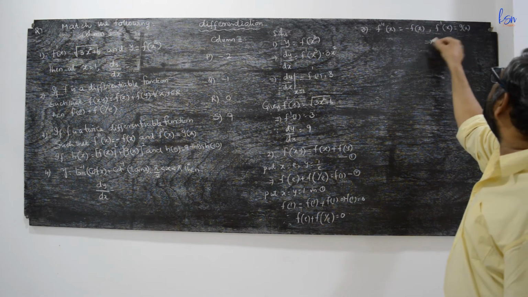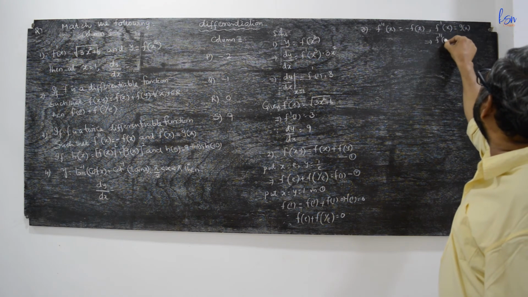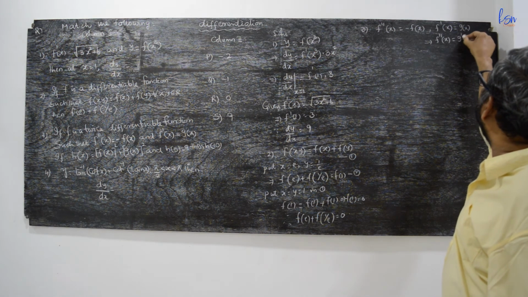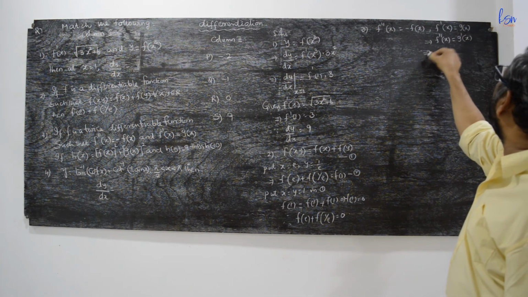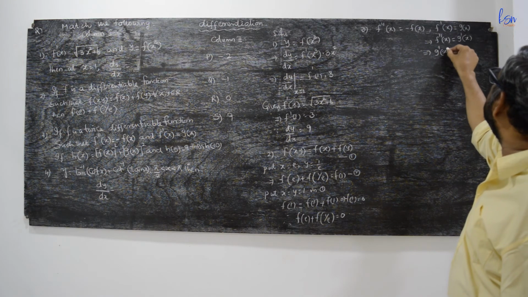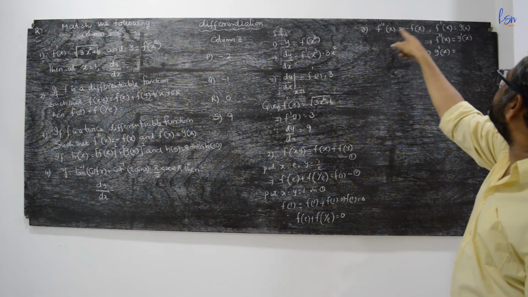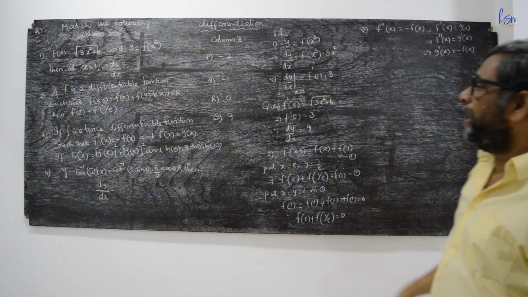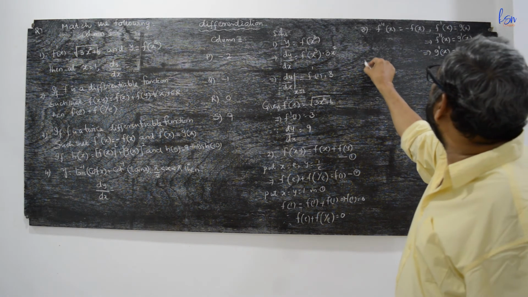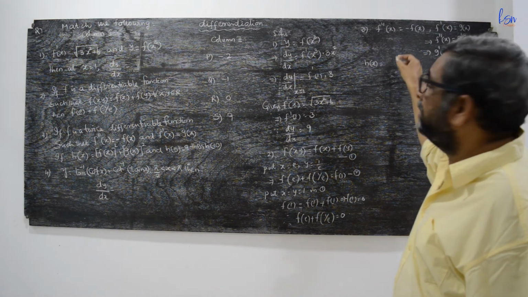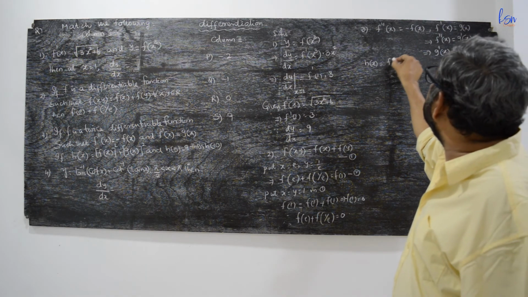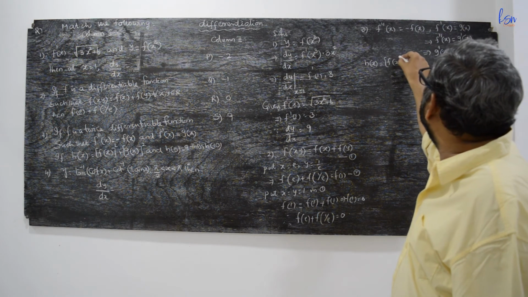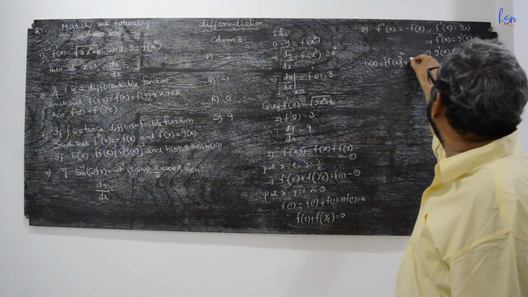If you differentiate it, f double dash x is equal to g dash x, implies g dash x is equal to f double dash x is equal to minus fx. Now hx is equal to f of x whole square plus g of x whole square.